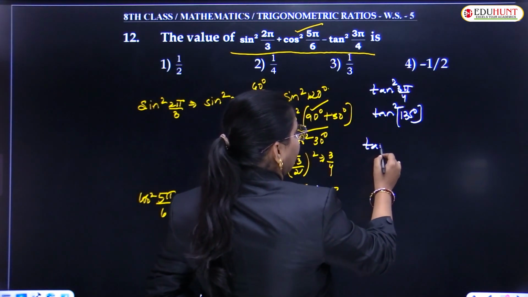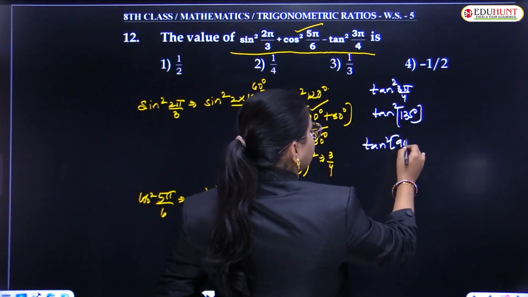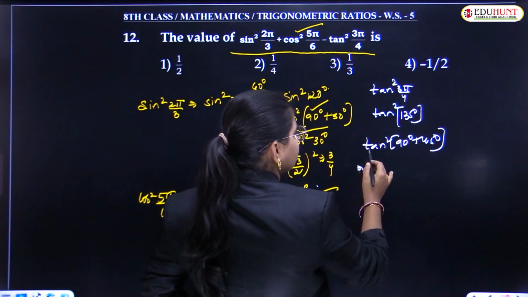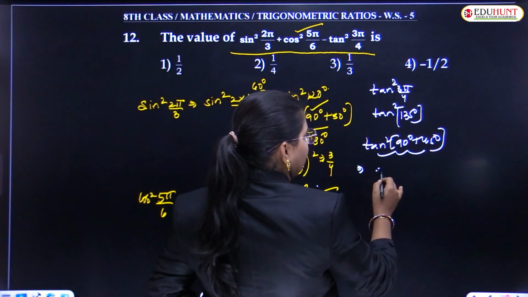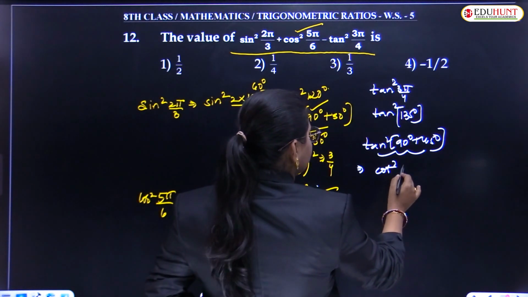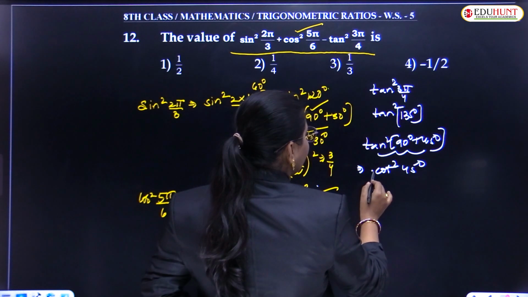Right? So tan square can be expressed in the form of 90 degree plus 45. So how can you express this? Tan 90 plus theta is cot theta. Correct? So cot square 45 and this will become minus.